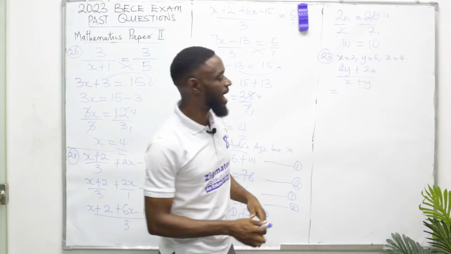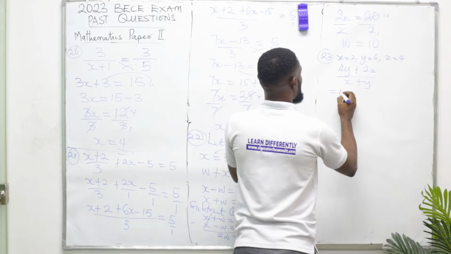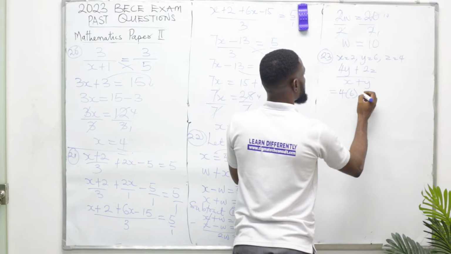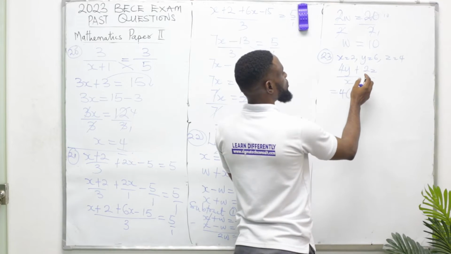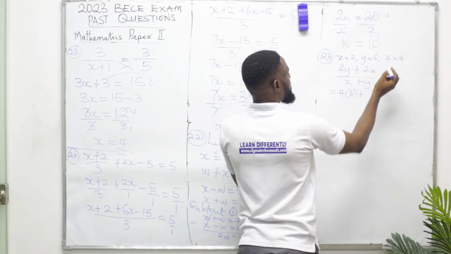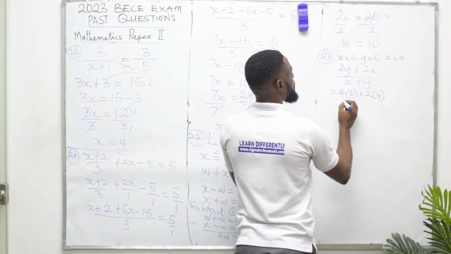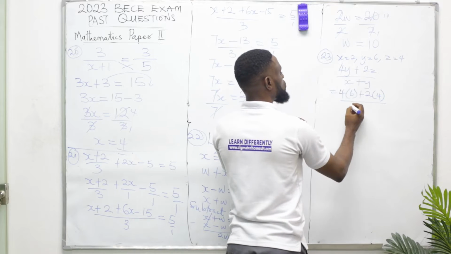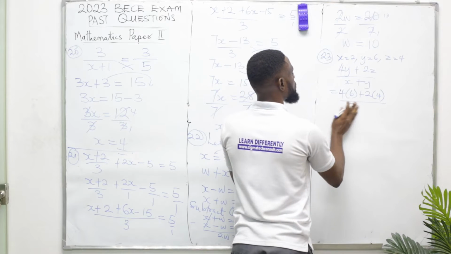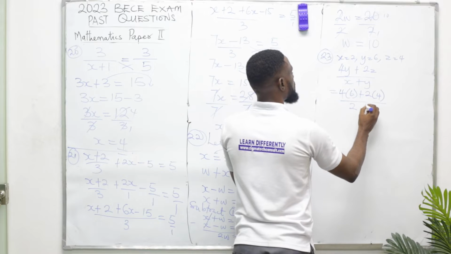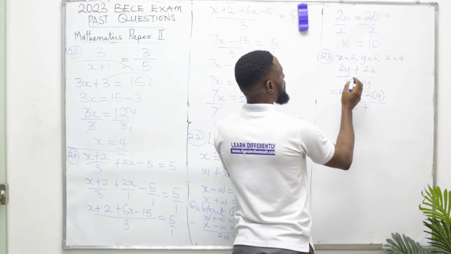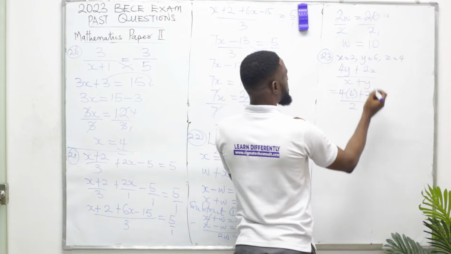Just like that. So 4y, our y is 6. So this is 4 times 6 plus 2z. Z is 4, so 2 times 4, divided by x is 2 plus y is 6.